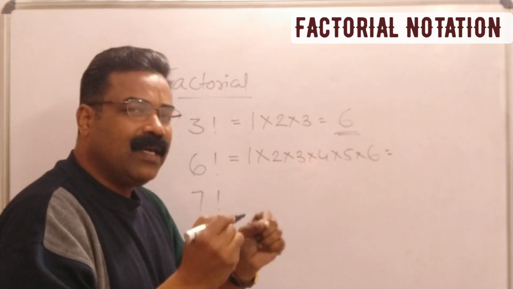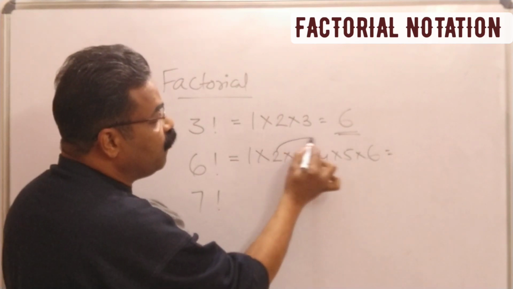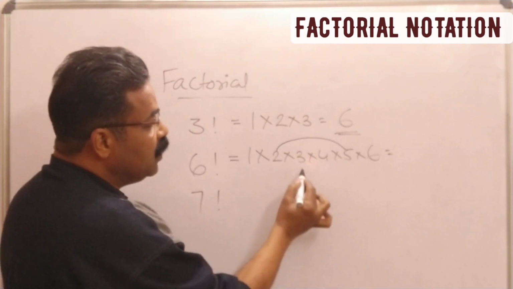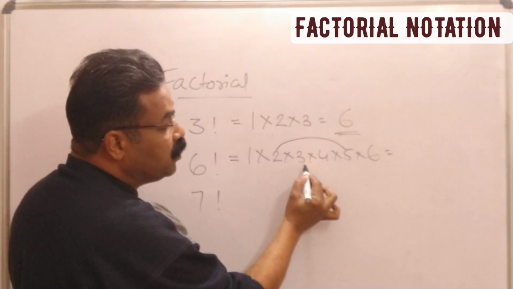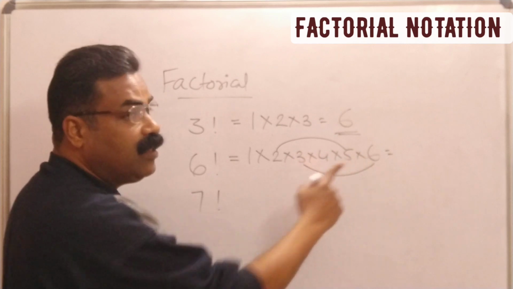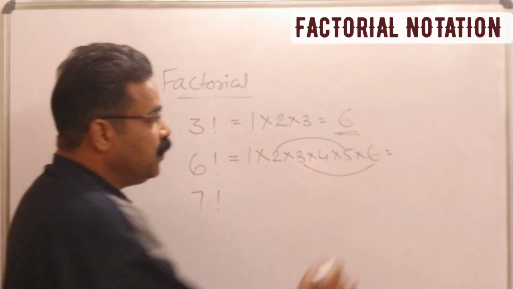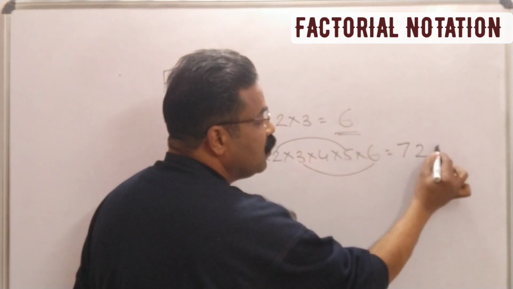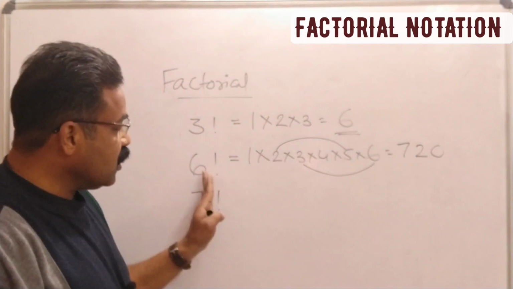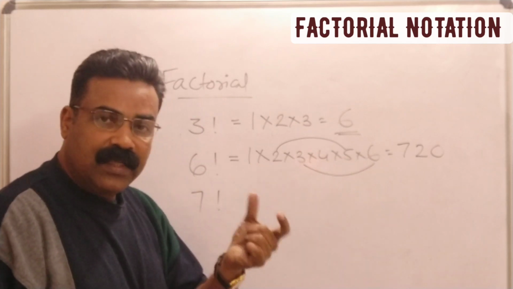Now you can make groups and do it fast. For example, 2 into 5 is 10, then 3 into 6 is 18, so 10 into 18 is 180, and 180 into 4 is 720. So 6 factorial is equal to 720.